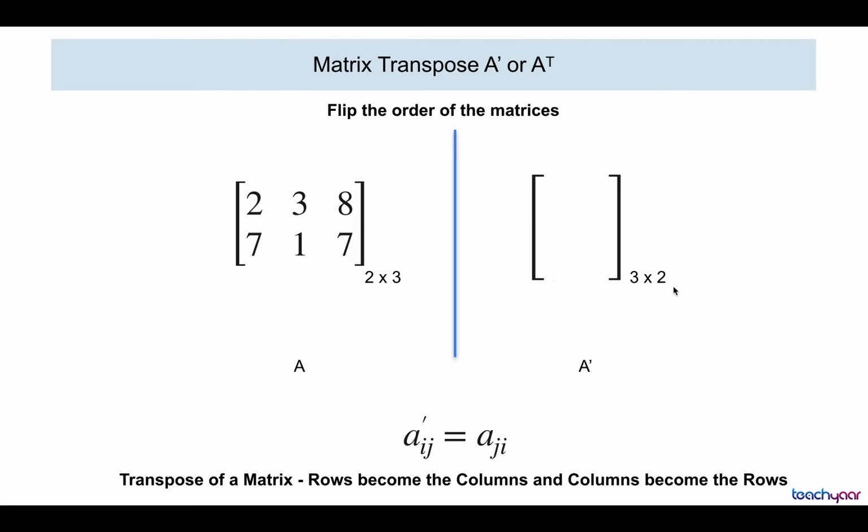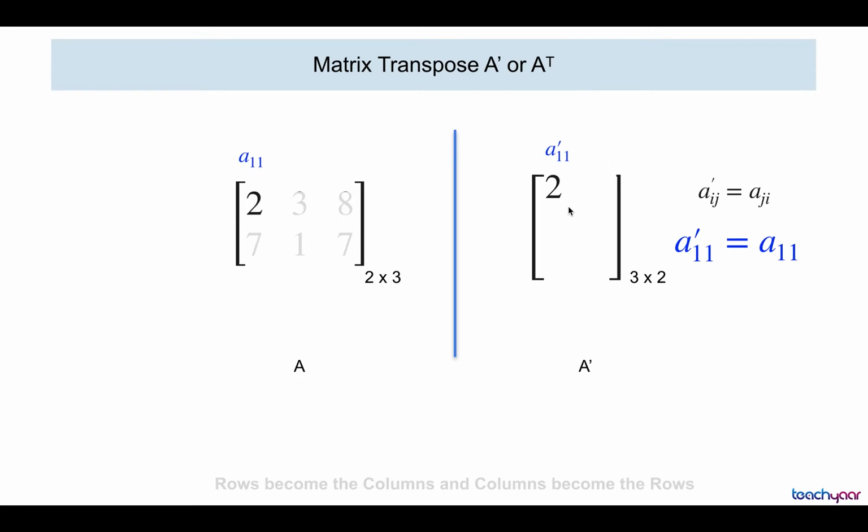What happens if it's a square matrix? Well, if the matrix is order 2 by 2, you flip that, you still get 2 by 2. Okay. So now let's start to find the first element here. The first element of the transpose, which I'm calling A bar, is A bar 11.